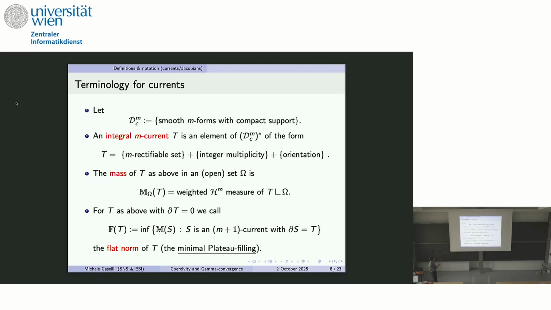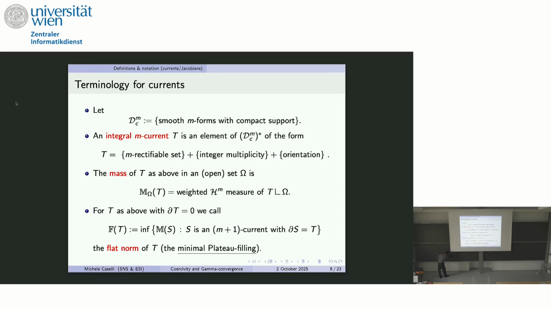And for a T as above with no boundary, so if I consider a current with no boundary, I will call F the flat norm of T, which is the minimal mass among all the n+1 dimensional fillings of the current. Okay, this is the minimal Plateau filling.